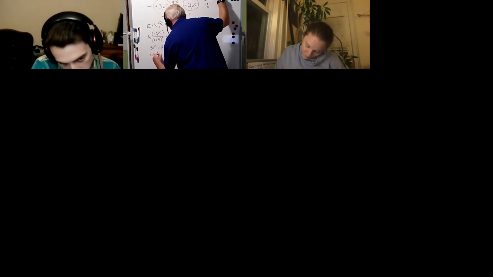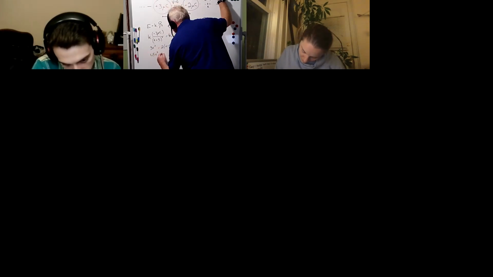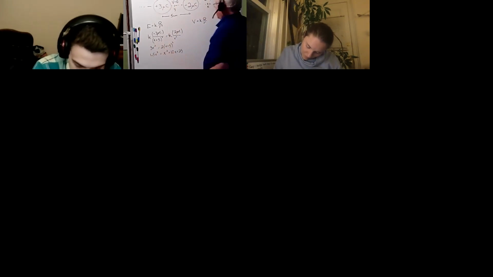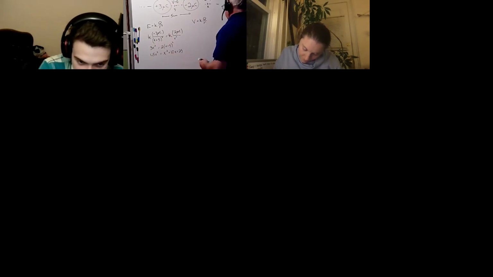So this would be 1.5 x squared, and then expand this binomial: x squared plus 10x plus 25. And then I can whip it into quadratic formula shape and then plug in numbers.